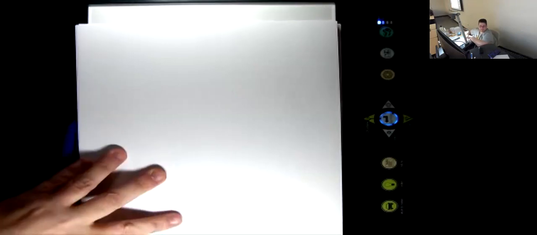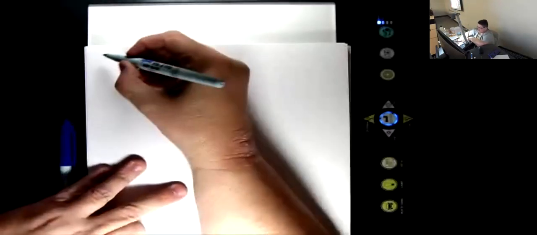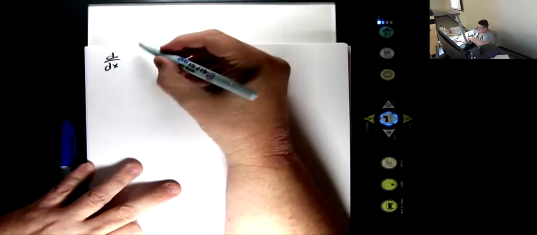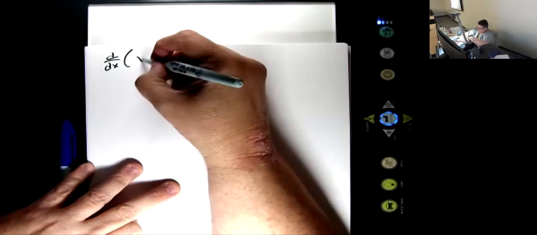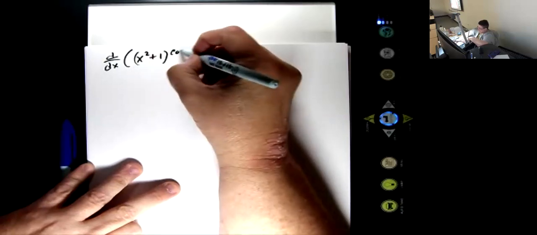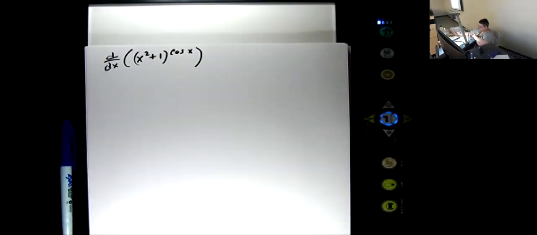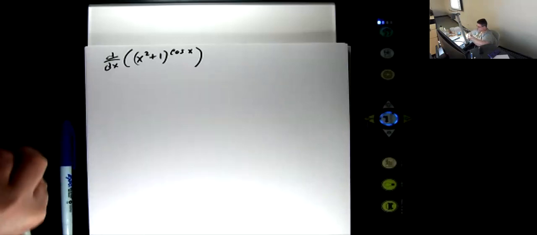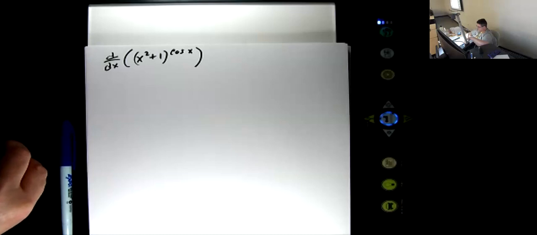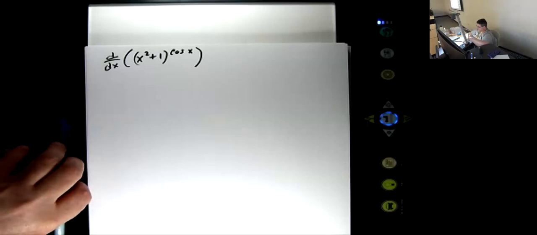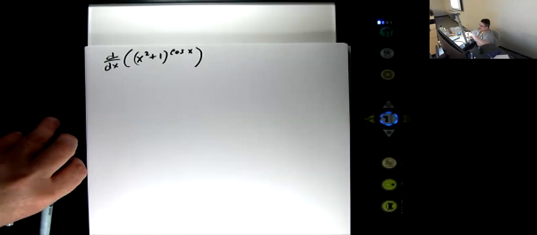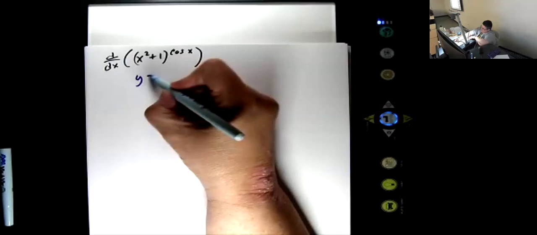All right. Let's kick it up a notch. Let's do d dx of x squared plus 1 to the cosine x. I'm going to say y equals x squared plus 1 to the cosine x.